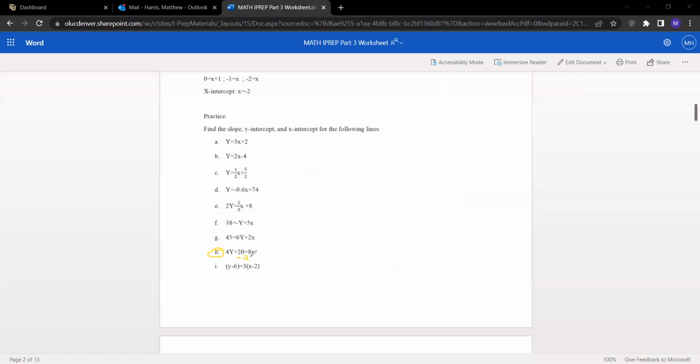So we'll do -20 to both sides. That gives us 4y is equal to 8x minus 20. We do this whole thing divided by 4. So we get y is equal to 2x minus 5.